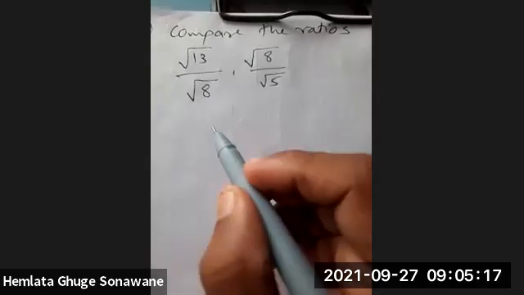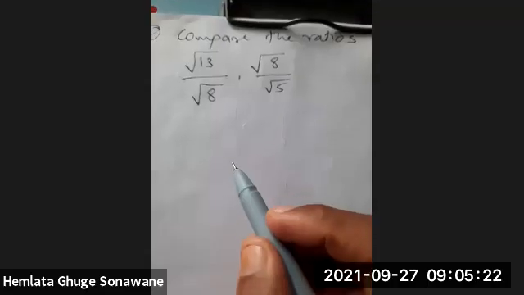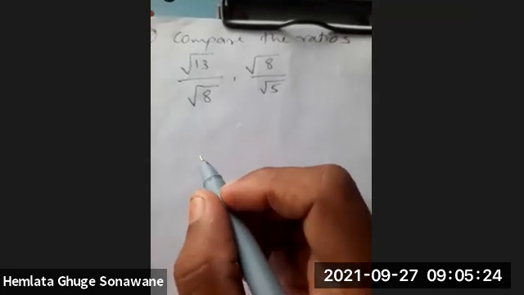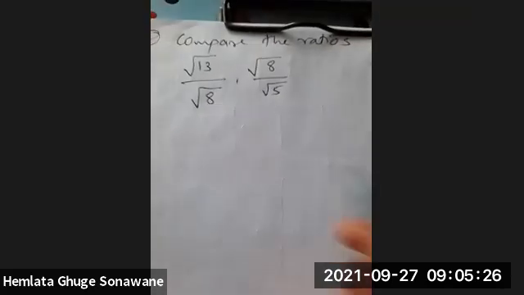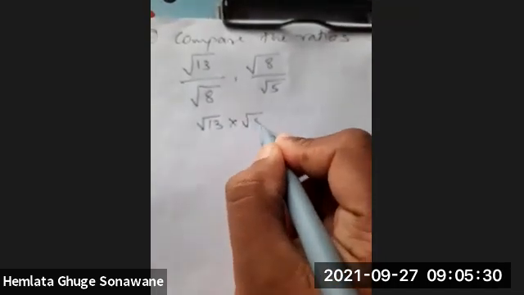Yes, beta, what is the next step now? 13 into 5, that is under root 13 into under root 5.